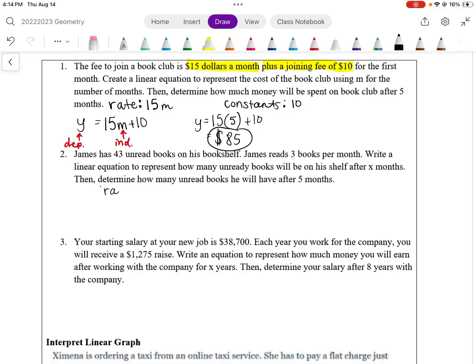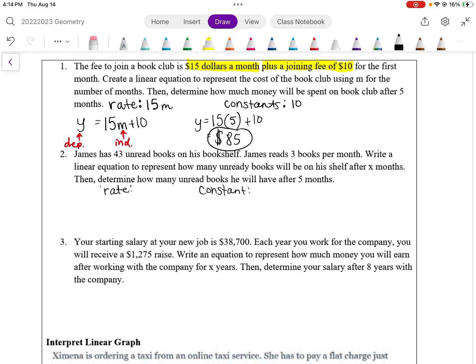Okay, number 2. Again, when you read through it, I want you to think, what is the rate and what is the constant? That's going to help you come up with your equation. James has 43 unread books on his shelf.